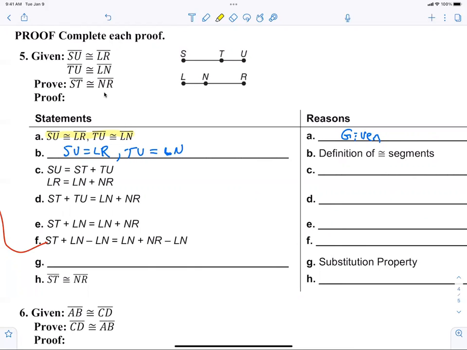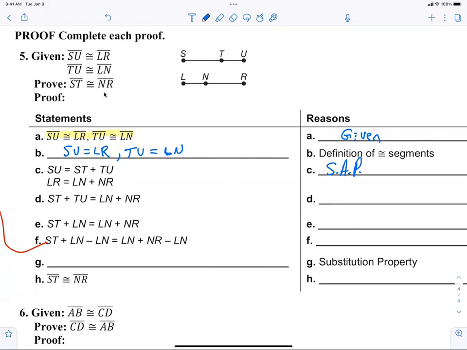Someone else. Carter, thank you. Is everybody happy with that? ST plus TU must equal SU. LR must be LN plus NR. Segment addition postulate. Okay, we're on the right track. Now the hard part, trying to figure out how they went from C to D. Go ahead, David.